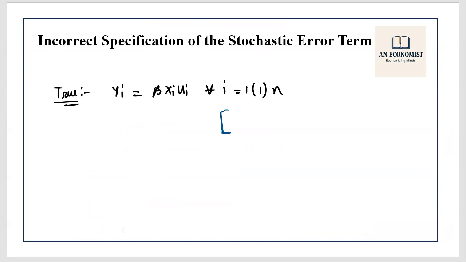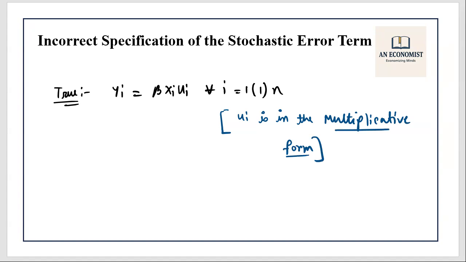The error term ui is in the multiplicative form, right? The explanatory variable and the error term are in the multiplicative form, which you can see here.